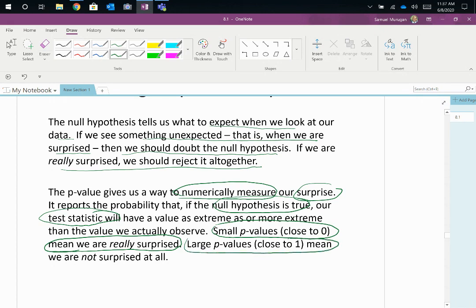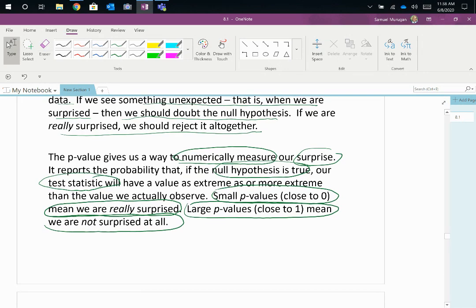Large p-values, close to 1, mean we're not surprised at all. Okay? That makes sense? Small p-values close to 0 mean we're really surprised. Large p-values close to 1 mean we're not surprised at all.